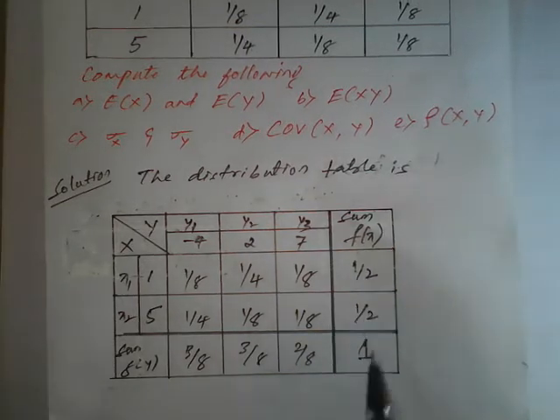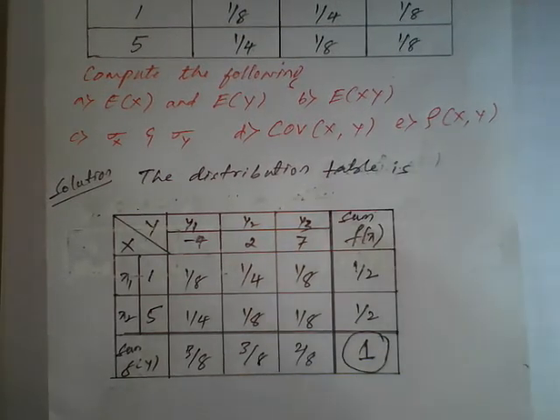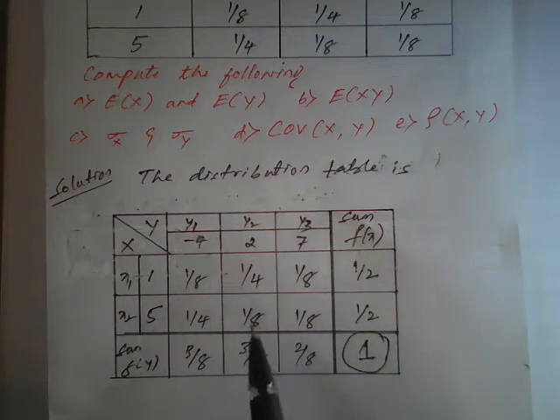If you add these, you will get 1, and if you add the other ones, you will also get 1. So the summation of g of y and the summation of f of x both are 1. With the help of this, we'll go for the marginal of the given distribution table now.